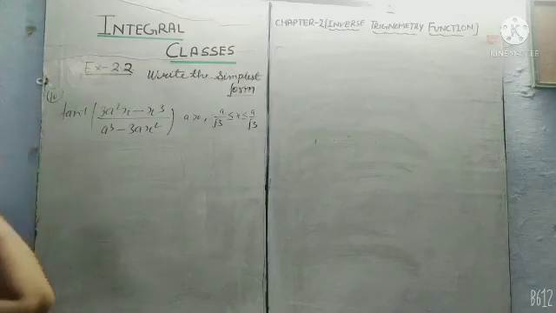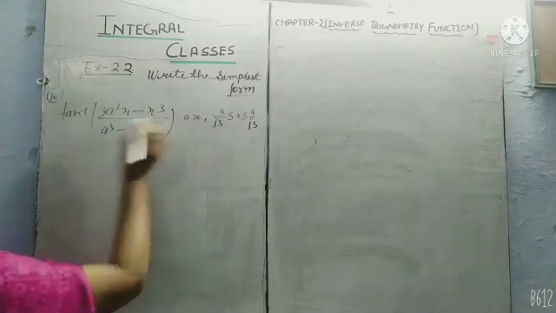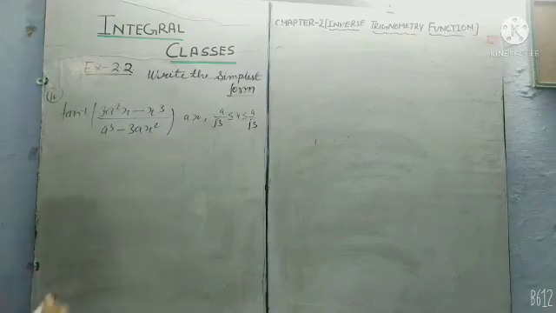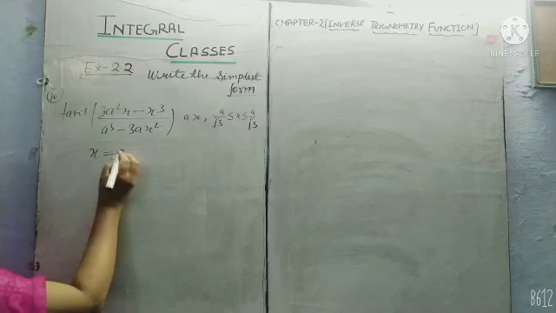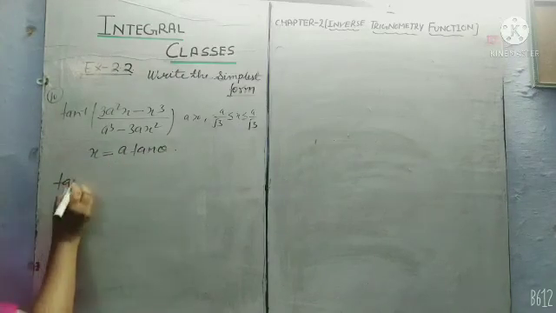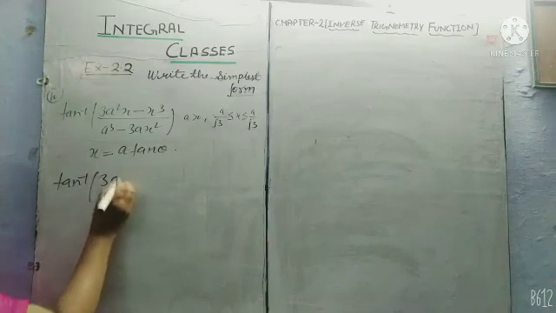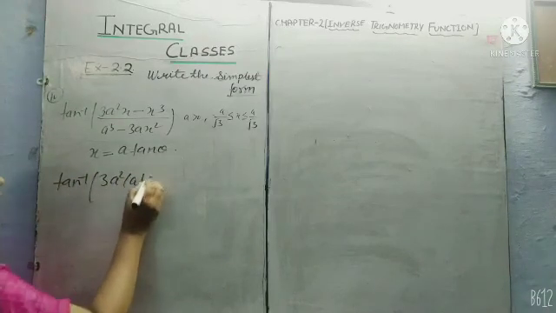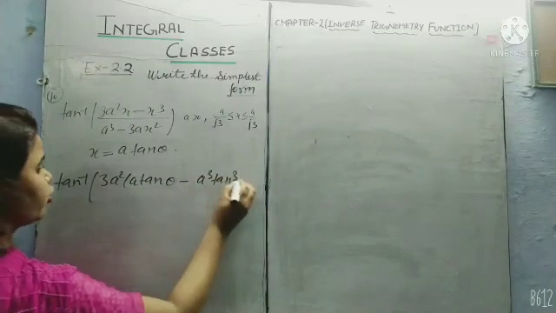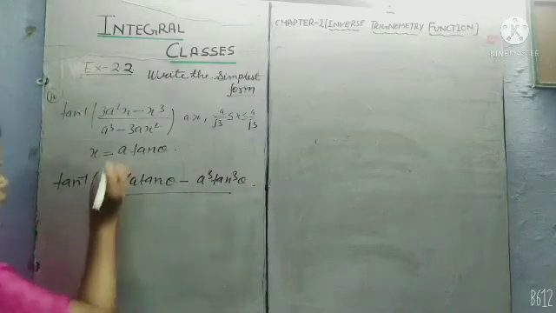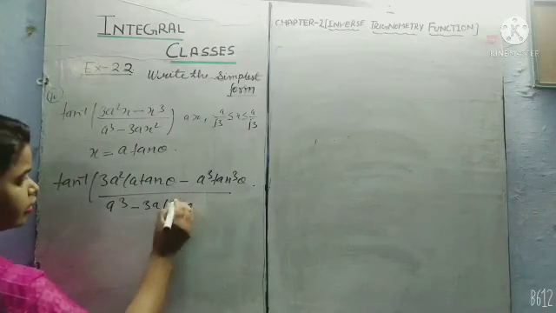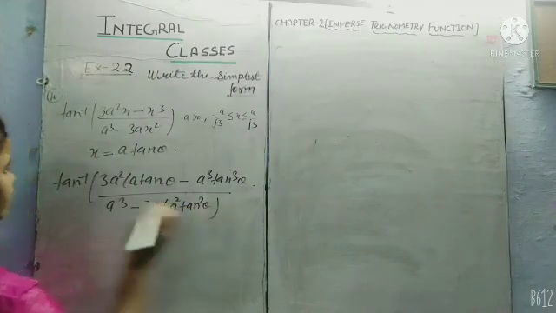Question number 10: tan inverse of (3a square x minus x cube) upon (a cube minus 3a x square). So student, now we will replace x equal to a tan theta. Then it becomes tan inverse of 3a square times a tan theta minus a cube tan cube theta upon a cube minus 3a square tan square theta times a.